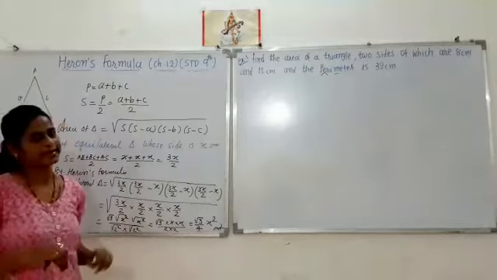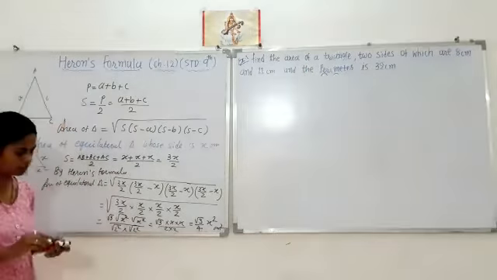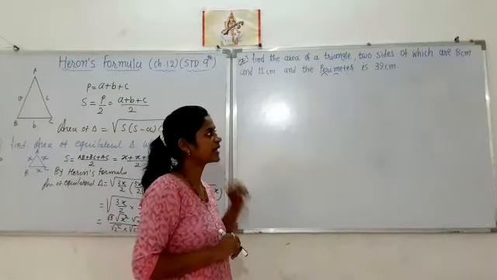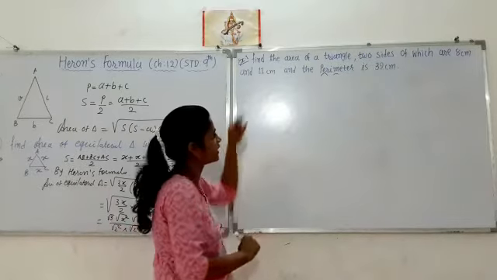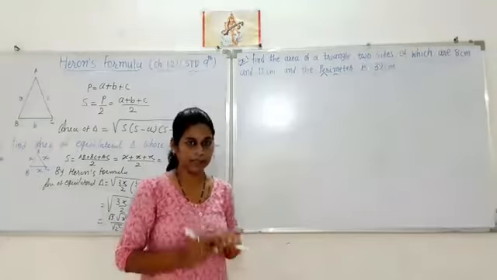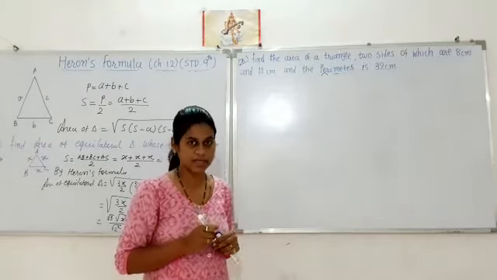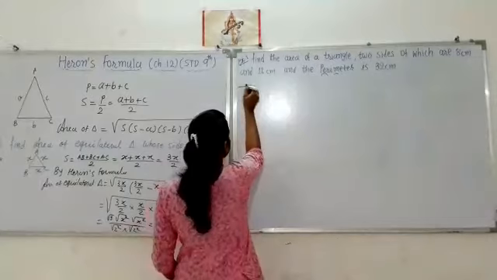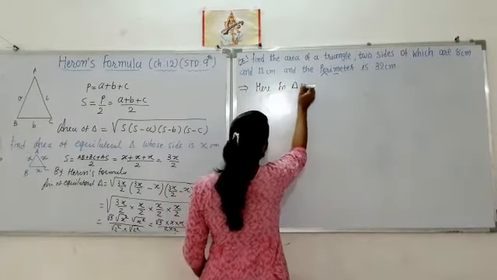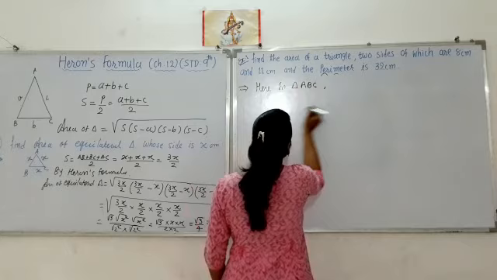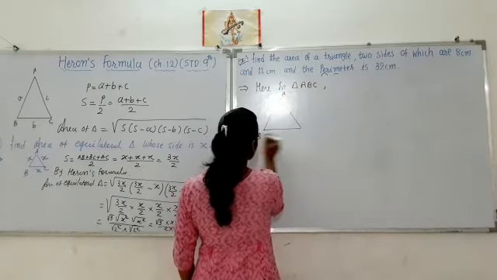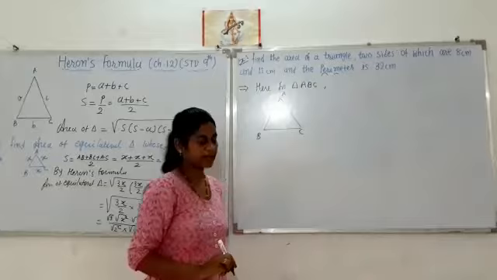Now consider a second example based on this Heron's formula. Find the area of a triangle, two sides of which are 8 cm and 11 cm, and the perimeter is 32 cm. First you should write what is given in your question. Here in triangle ABC, two sides' measurements are given.